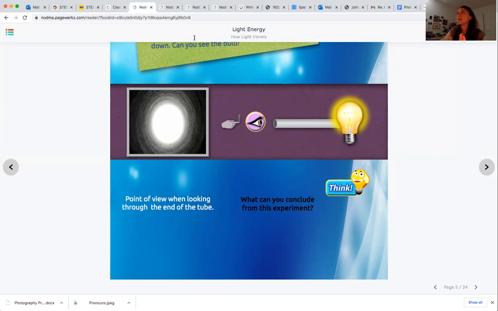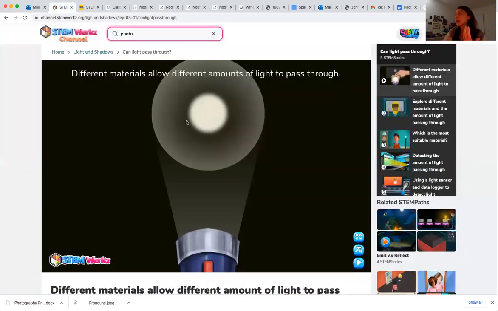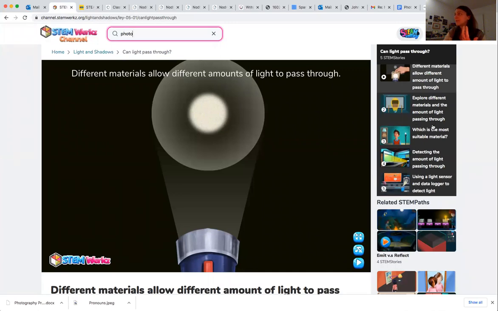And that can then be supplemented with going back to the STEMWerkz channel and exploring all the different resources here. And it goes on to the related paths, of course. We talked about how Steam Valley had the campfire bit, so that's also in this particular resource as well.